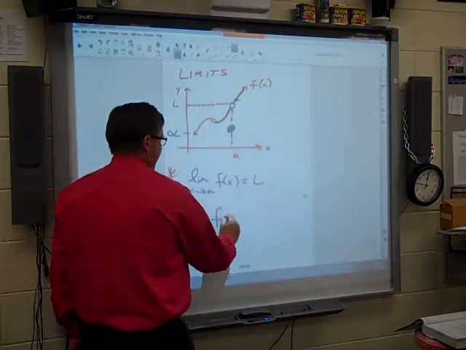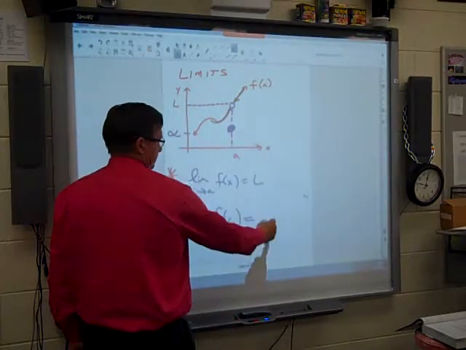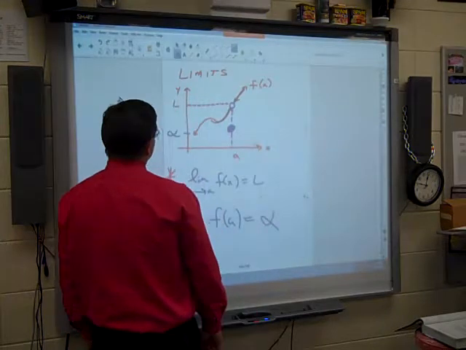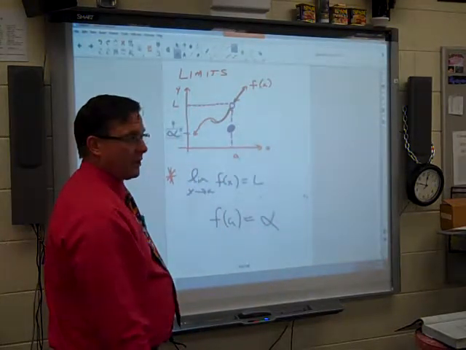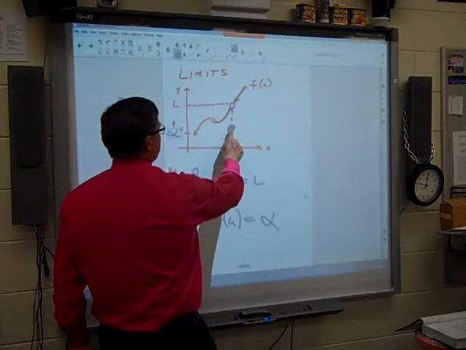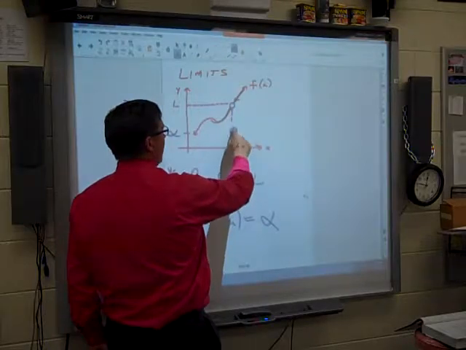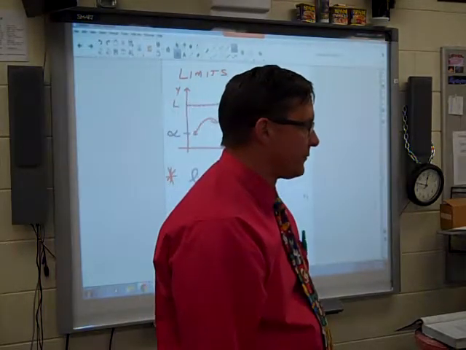Guys, what's f of a this time? Alpha or undefined. Nope, it's alpha. There's a point right there. It's just what we're going to start calling a removable discontinuity. We literally took the point out of the curve, removed it down here to a value. That's a removable discontinuity.